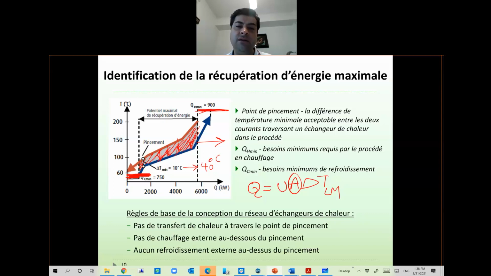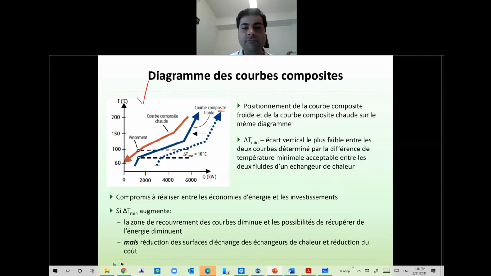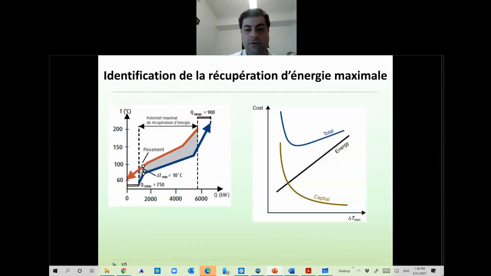On the other hand, you need more vapor to heat up your cold streams, for example, and you need more cooling water to cool down your hot streams by utility. So this is a kind of trade-off. That's why you have to do optimization work.